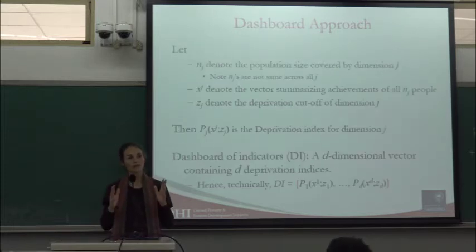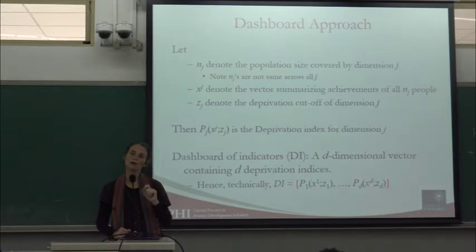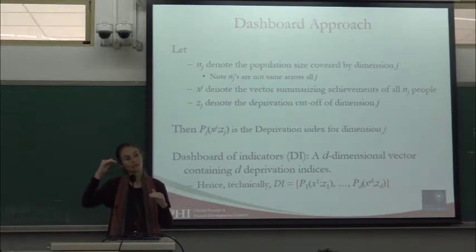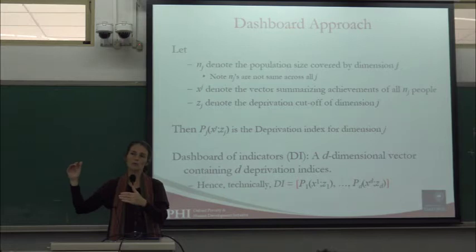So, bringing that into our notation, N is the population size covered by each dimension. In the case of a dashboard, we could be looking at different populations. I just mentioned all children being malnourished, or school-age children not in school, or women who lack equal pay for equal work.